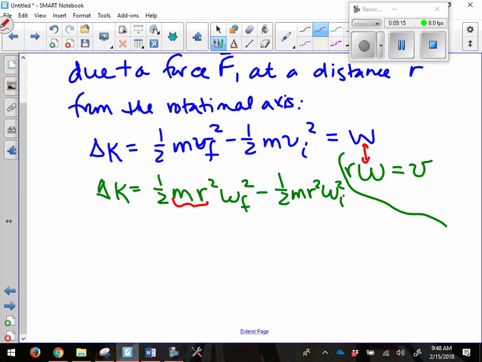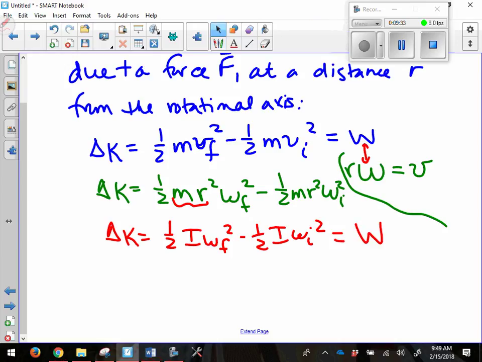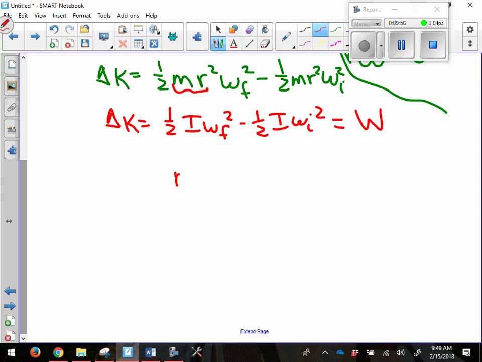Okay, but if eventually I'm going to think about a whole system of particles, yeah, I can say that delta K is going to be 1/2 I omega final squared minus 1/2 I omega initial squared, which is also going to be equal to the work. And that's kind of, if I asked you before we started what you might want rotational kinetic energy to be equal to, you'd probably say 1/2 I omega squared, right? So this is, again, only going to work for rigidly rotating objects.